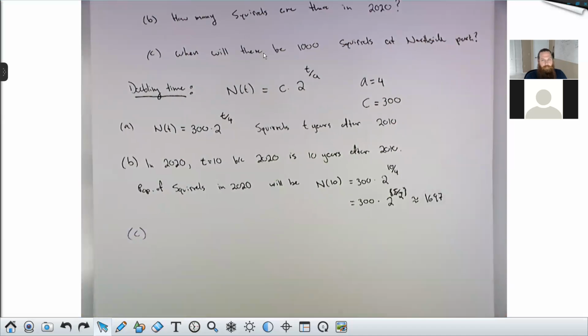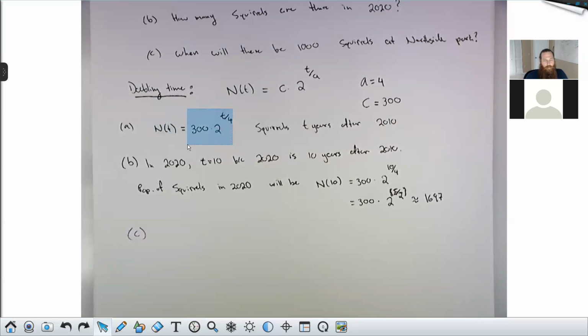Do you plug in 1,000 on the other side of the equation and then find t? Very good. The thing I'm looking for here is a t value. I want to know when something is happening. That's going to be a time, a number of years. This function tells me how many squirrels there are after t years.